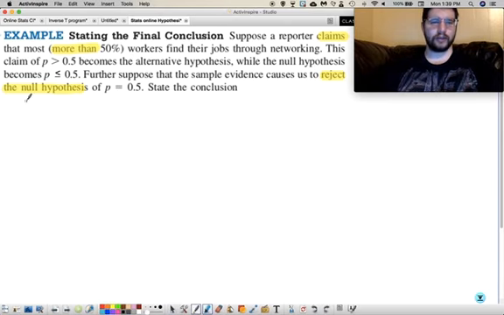So write down our H naught and our H A, or H naught and H1, however you want to write them. That is acceptable, but with my letters, it's safer for me to just use the 1, so you don't get confused with my O. The claim is P is greater than 0.5, so that'd be H1.